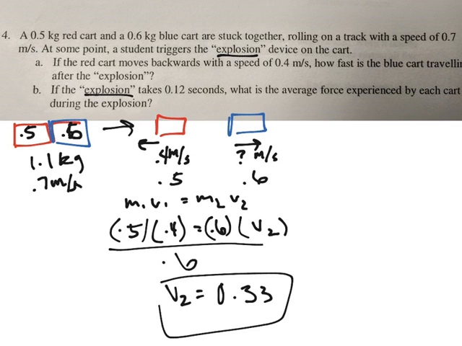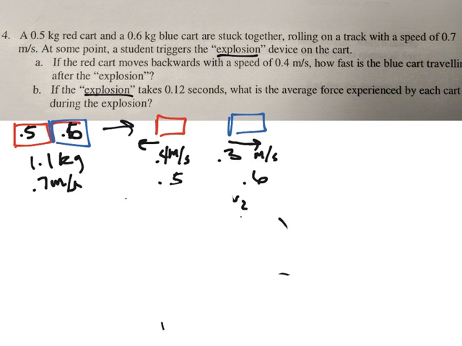So to do this, I'm just going to fill in the information for the speed of the cart, and then erase this. I'm going to round it to 0.3 to make it easier on everybody. So now I want to know what the force on each cart is. So this will be two problems. Go look back at your force and impulse.